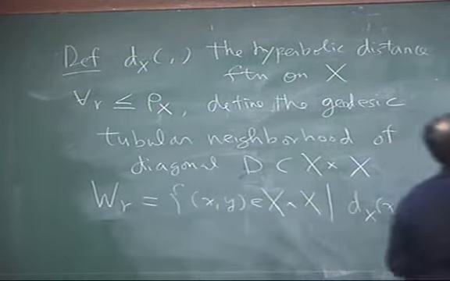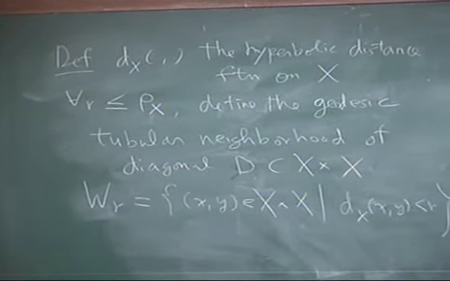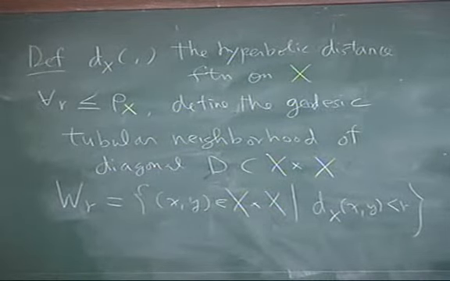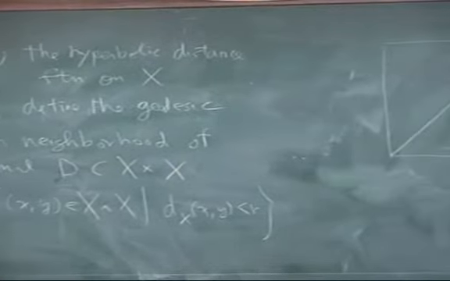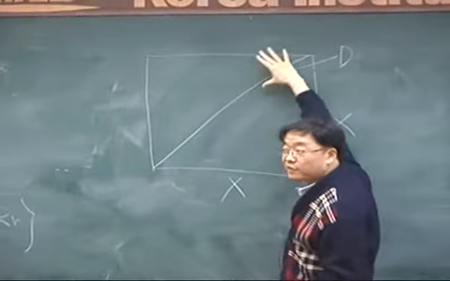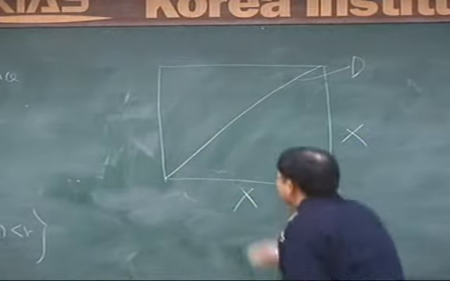So the picture is the following. You look at the product of X and X, and here's the diagonal. Maybe I'll write it. This is the diagonal, and this W_R is a kind of tubular neighborhood of the diagonal. It looks like this.